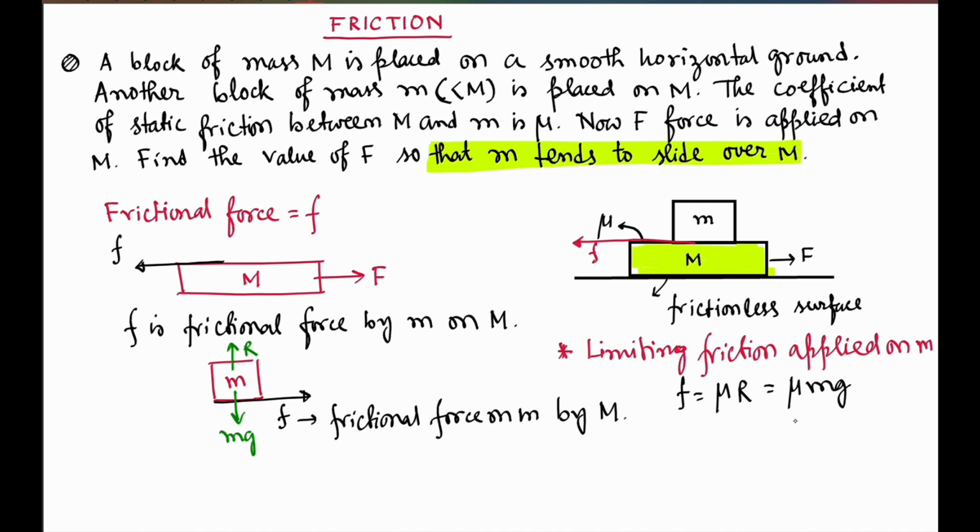As capital M is moving towards right and small m is placed over it, small m experiences a pseudo force towards left. This is the pseudo force P. Therefore, P is equal to mu mg.